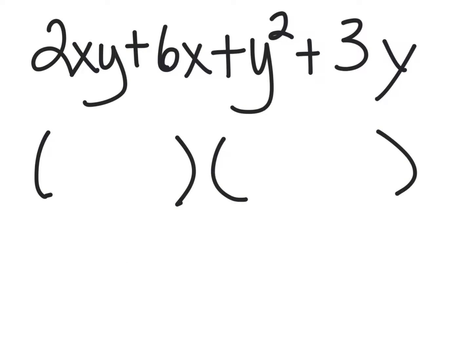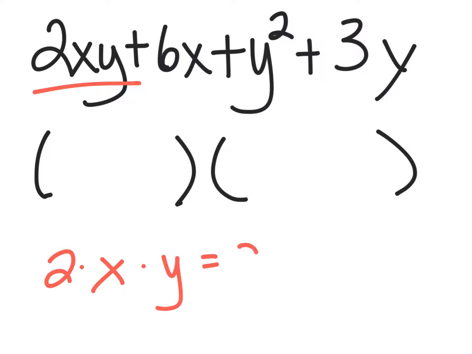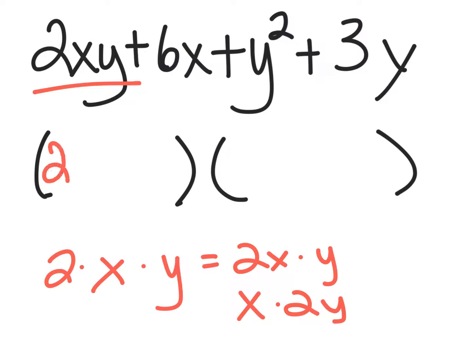All right, so letter D might look a little confusing. However, it's easier than you think. So look at the 2xy. What are the factors? Well, you have 2 times x times y. So you could either have 2x times y, or you could have x times 2y. So for trial and error, I'm just going to go with the first one I wrote, 2x, and then the other factor would be y.